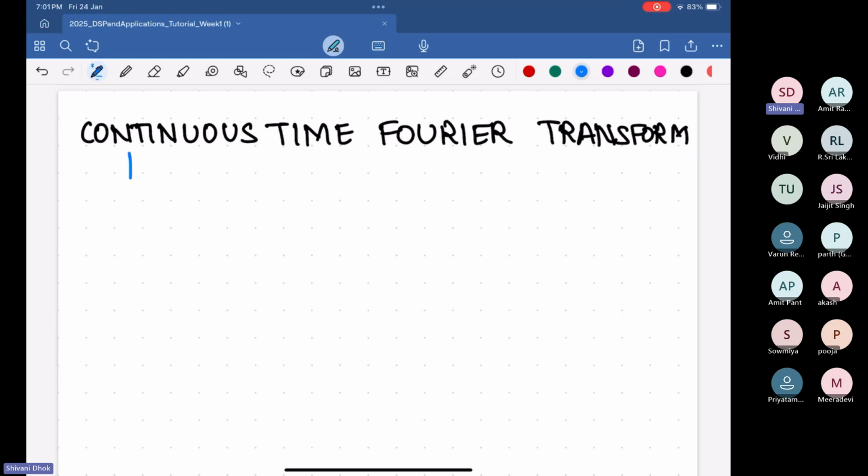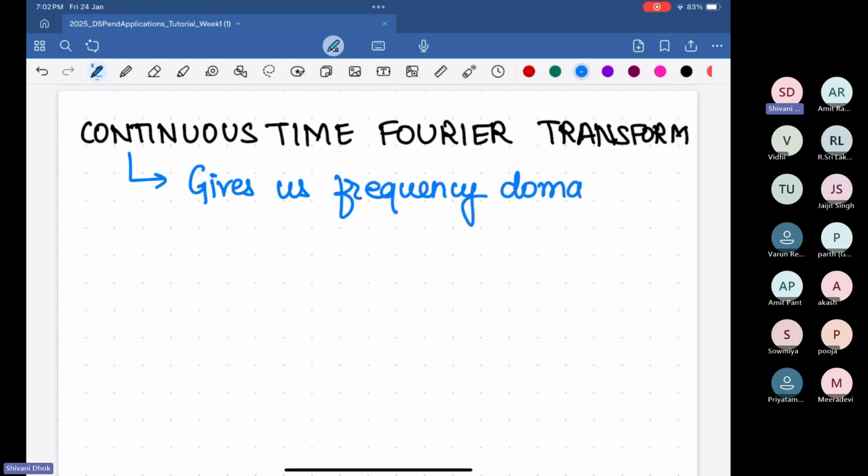This gives us the frequency domain representation of a continuous time signal.